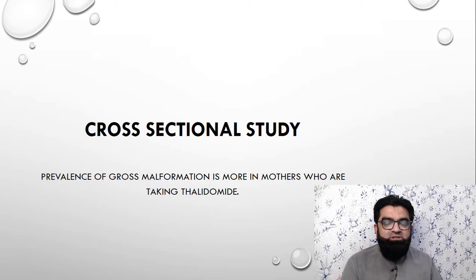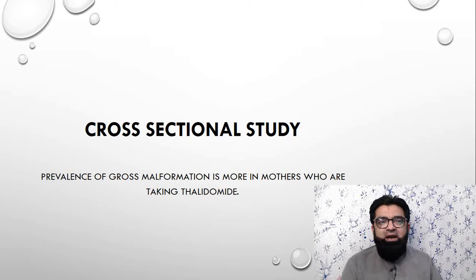This cross-sectional study gave us the result that the prevalence of gross malformation is more in mothers who are taking thalidomide. We prepared a questionnaire including some variables from mother's demography, mother's comorbid conditions, and mother's environmental factors.